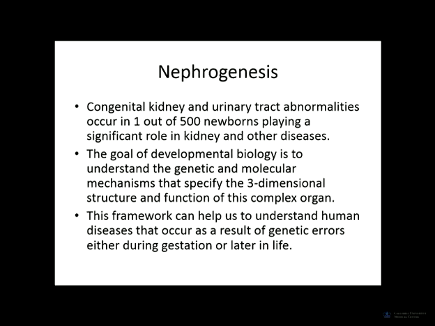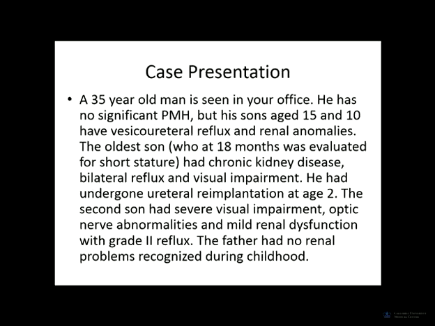Once we have a framework, we use this to try to understand human diseases that happen because of genetic errors or because of intrauterine environment that causes growth retardation and defects in kidney development. I'll talk later about a case that has a genetic basis and how the same disease might present differently in different people in a family, but let's do that later.